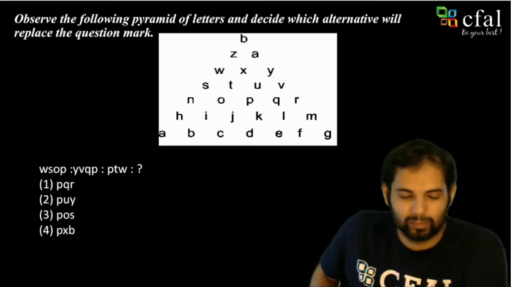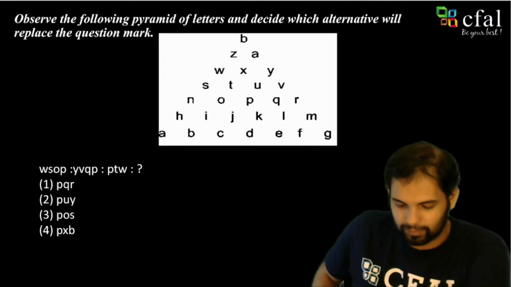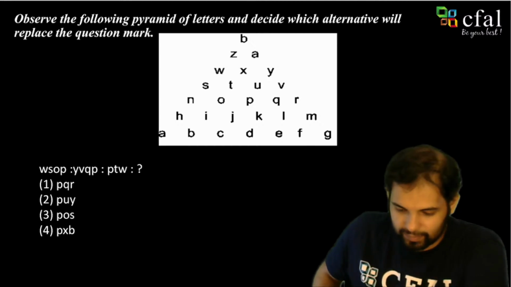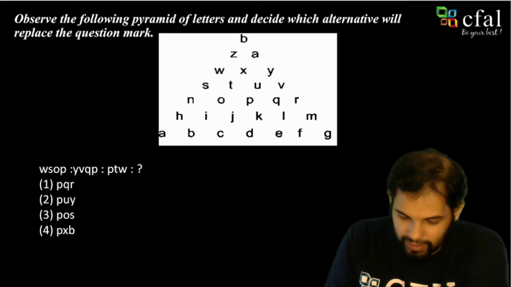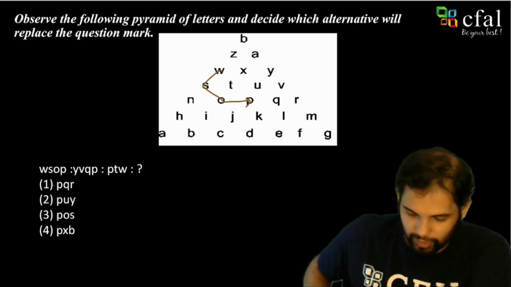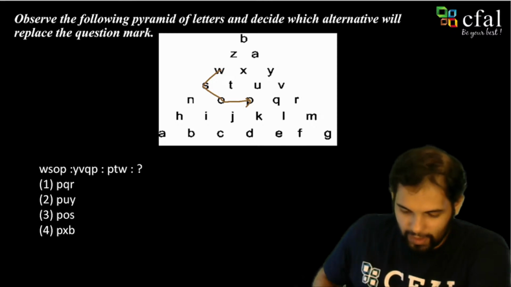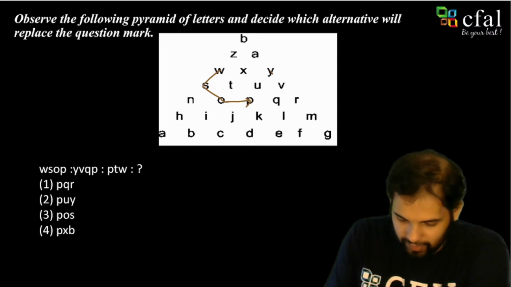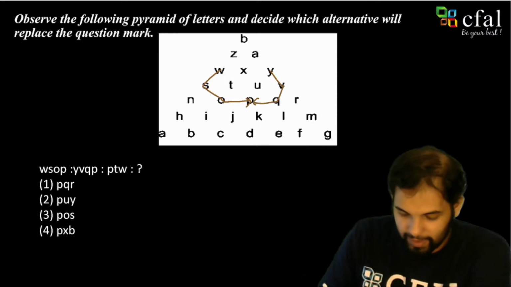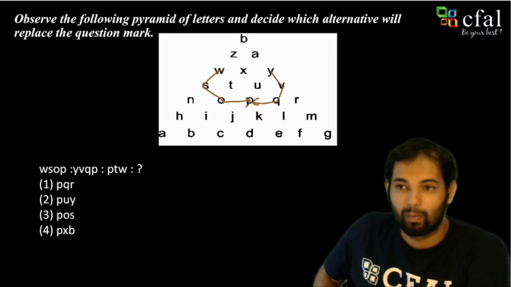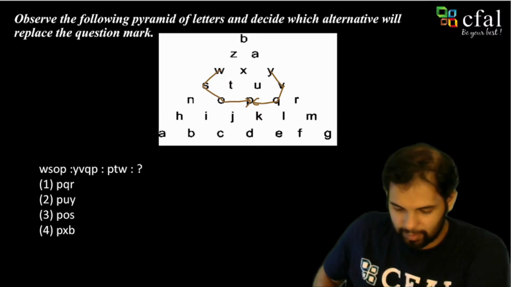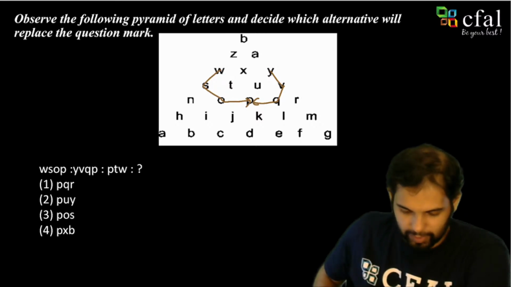Final one, the simplest one, so let's just complete this. WSOP, YVQP. First figure out where it is, then we'll see. Let us draw an arrow so that WSOP, okay, YVQR, YVQP. It's coming back to the same number, great, okay. Fine. PTW, where is PTW?